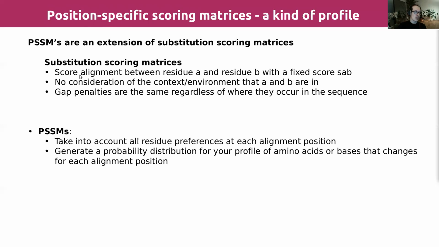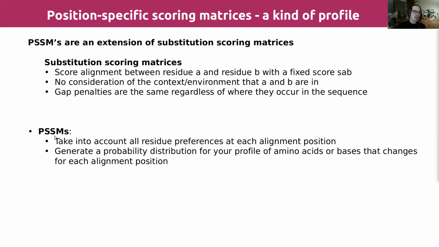In substitution scoring matrices, you're looking at an alignment between two residues, A and B, and you have a fixed score for that pair, S_AB. You're not really considering the context or environment that A and B are in. In alignments, you also have gap penalties that are fixed. Maybe you have an opening and extension, but the position in the sequence doesn't influence any of the scores involved.